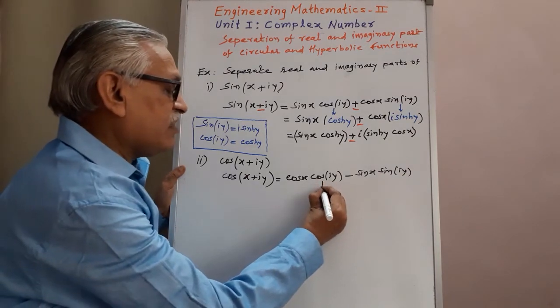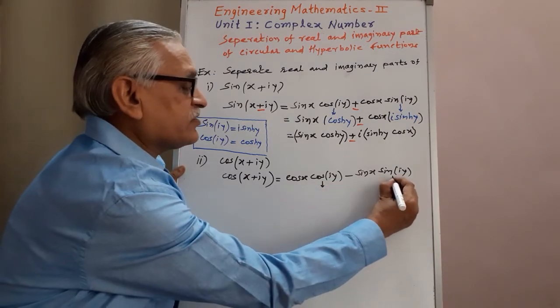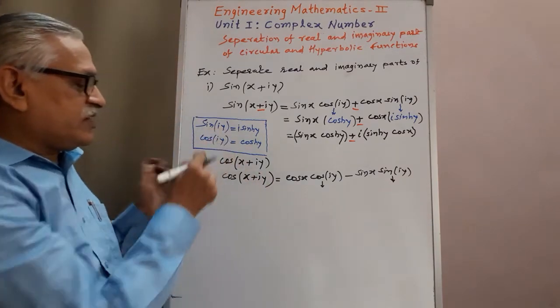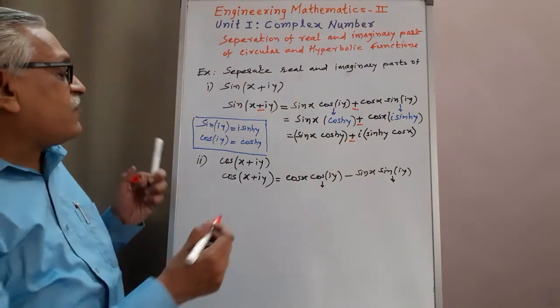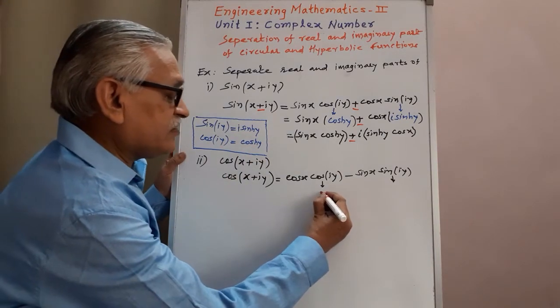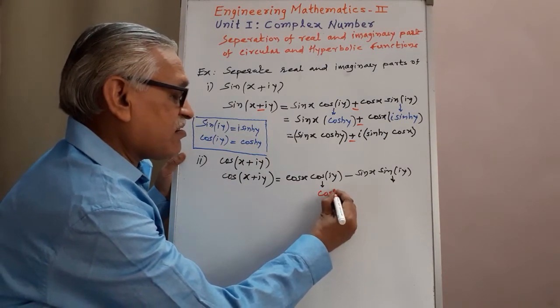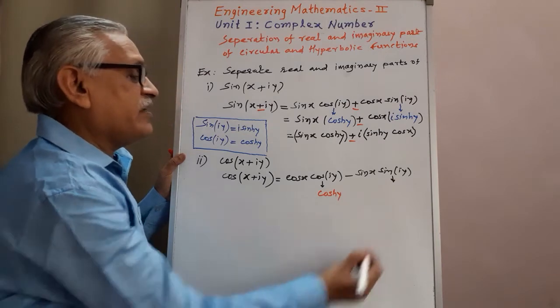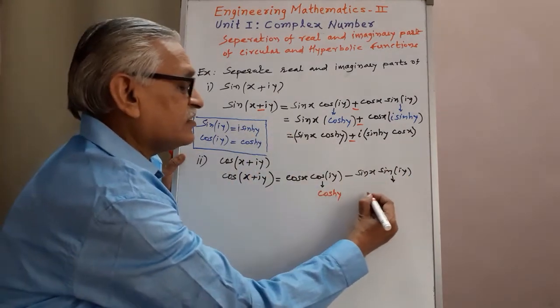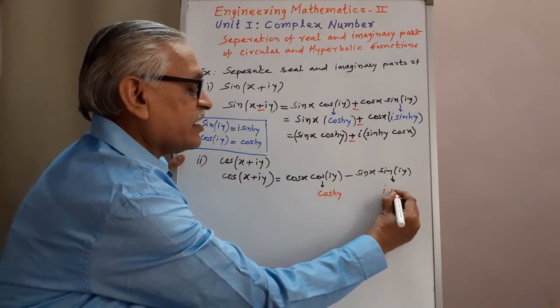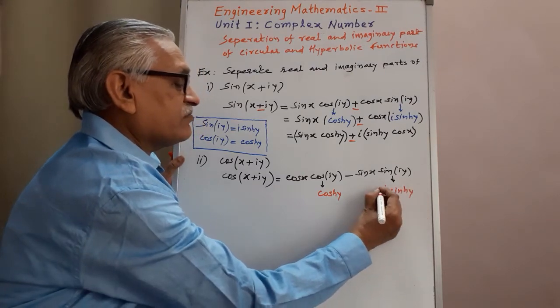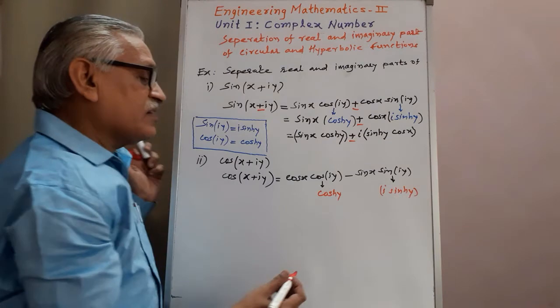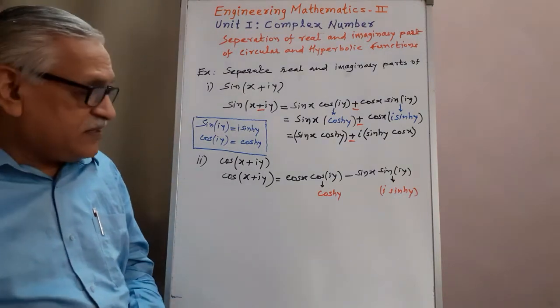Once again converting using this relation, cos iy is cosh y and sin iy is i sinh y, keeping other terms as they are.